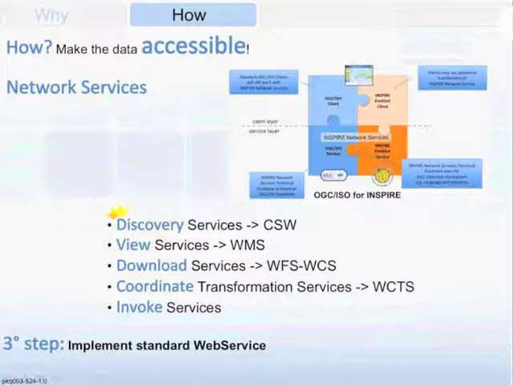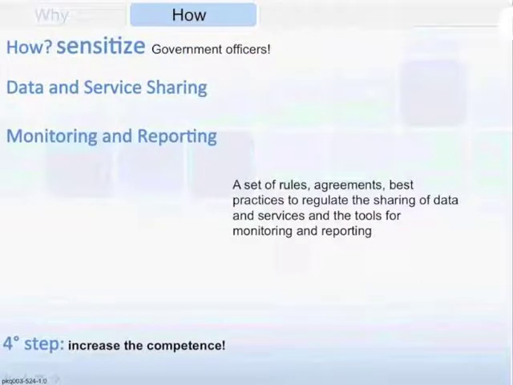For coordinate transformation services, INSPIRE refers to the web coordinate transformation service, and for invoke services, in this case, there is not a 100% clear mapping with a defined Open Geospatial Consortium standard. But as a conclusion of this, to make your data accessible, you have to implement your web services in accordance with these standards.